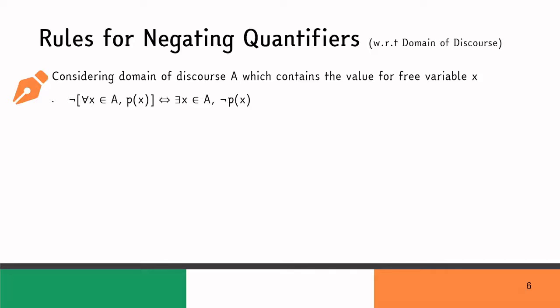Negation of for all x belonging to the domain A, p of x is equivalent to there exists x in the domain A such that negation of p of x is true. This is the same formula we saw earlier, just that the variable x is restricted to the domain A.